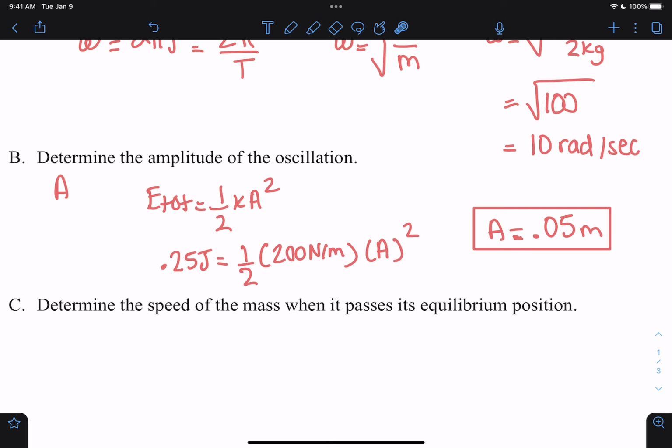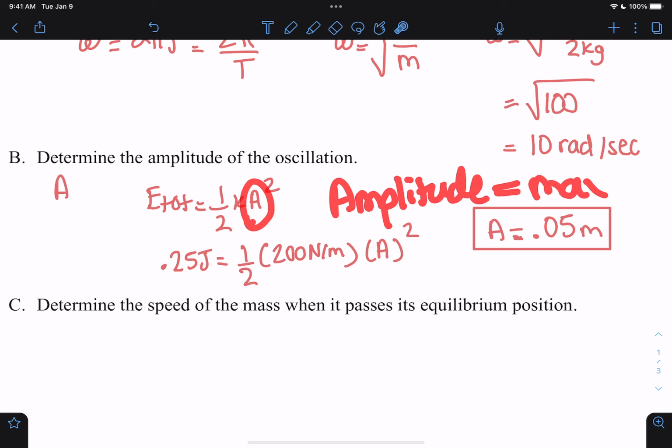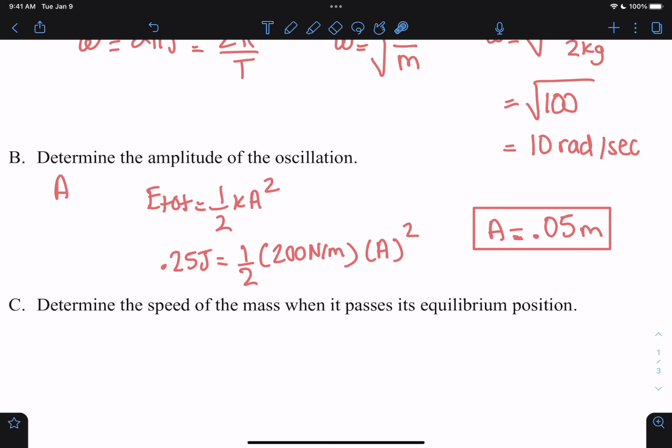It's just that A, the amplitude, is defined as the maximum x distance or y distance that you can stretch or compress a spring by. And so at that maximum distance, there will be no motion to the block or the spring system whatsoever. All of the energy, the E total, will be spring potential energy. None of it will be kinetic.